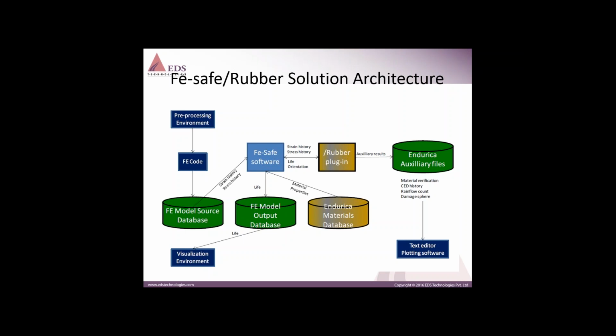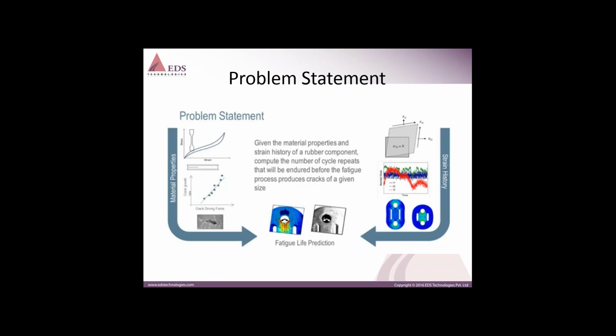Problem statement. This is a typical problem statement for rubber fatigue analysis. On the left-hand side, you can see we can take the material properties which indicate the stress-strain curve, and also the definition of the fatigue crack growth law.